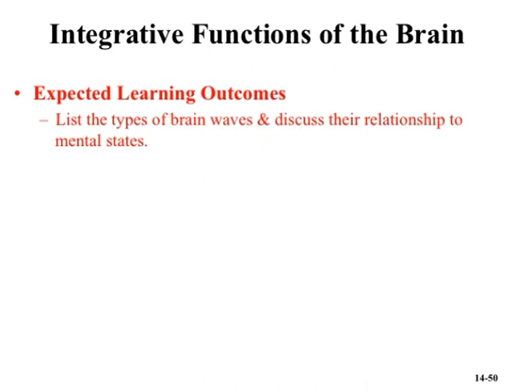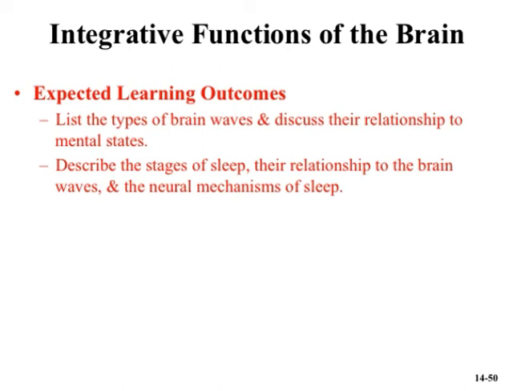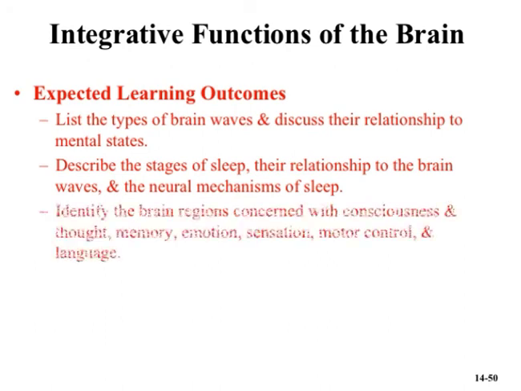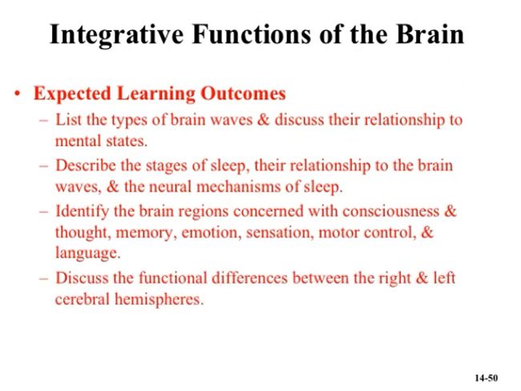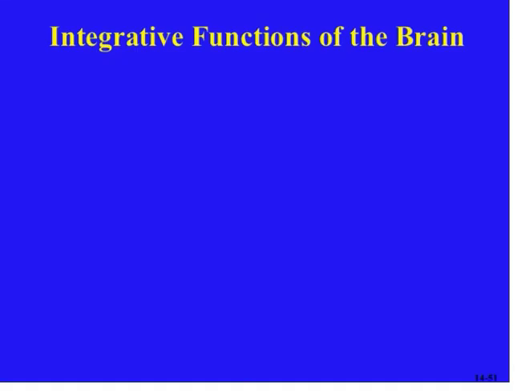We want to list the types of brain waves and discuss their relationships to mental states. We'll describe the stages of sleep, their relationship to brain waves, and the neural mechanisms of sleep, and will identify the brain regions concerned with consciousness and thought, memory, emotion, sensation, motor control, and language, and we'll discuss the functional differences between the right and left cerebral hemispheres.